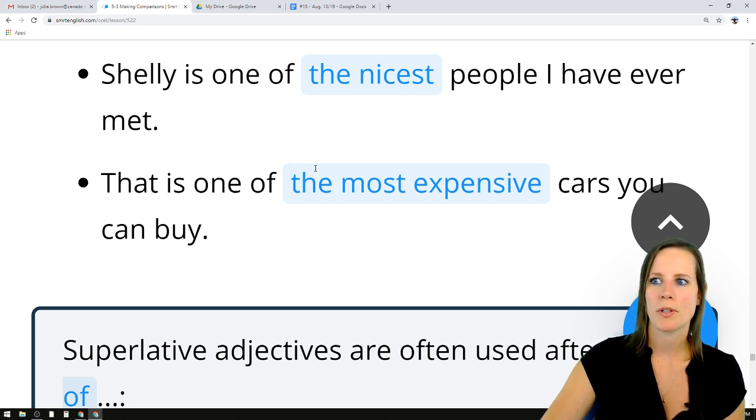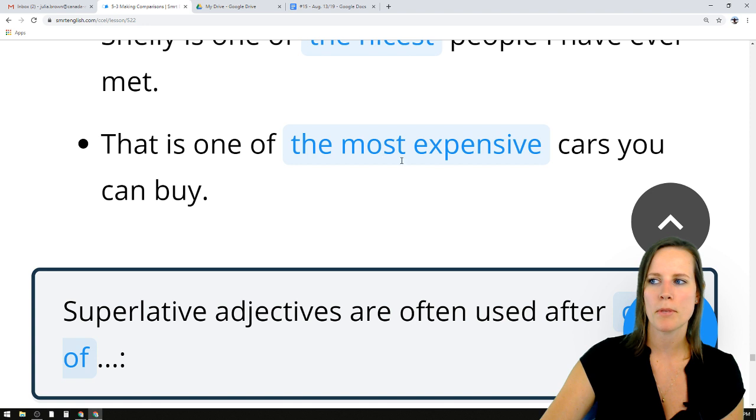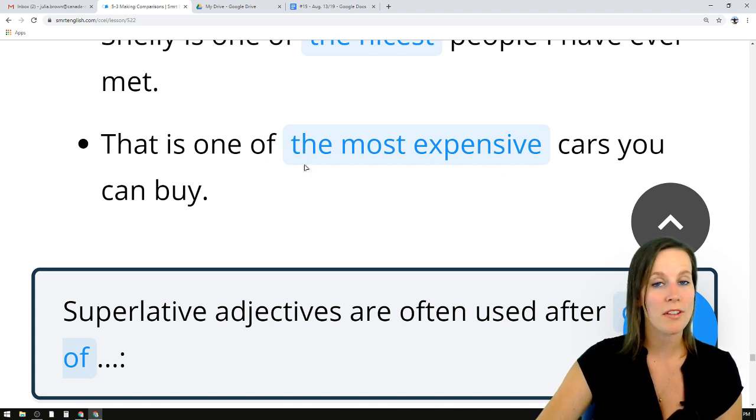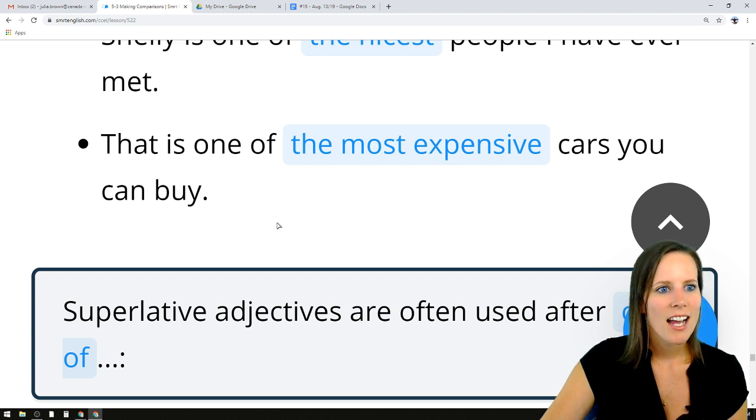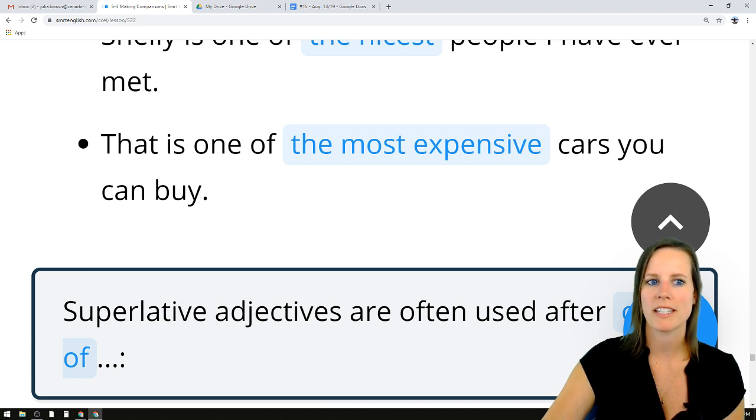Yeah. Okay, good. And that is the most expensive, one of the most expensive cars you can buy. Okay. Avinash, let me look. Give me a moment. That's correct. Yeah. Fashionably is modifying the verb to dress. That's right.